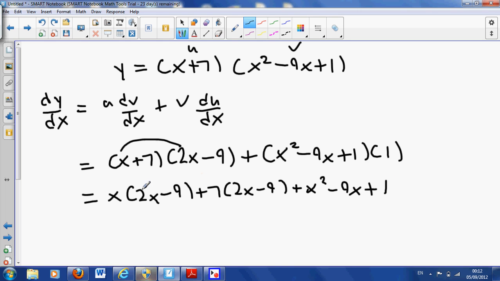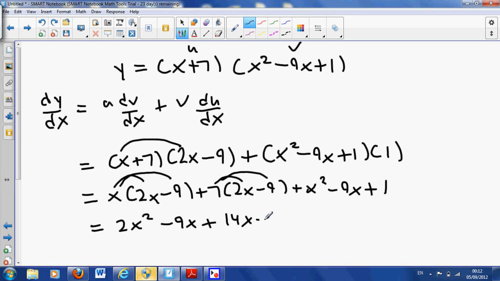Okay. Now we're going to multiply them out, and what we're going to get here is the following: 2x squared minus 9x plus 14x minus 63, plus x squared minus 9x plus 1.